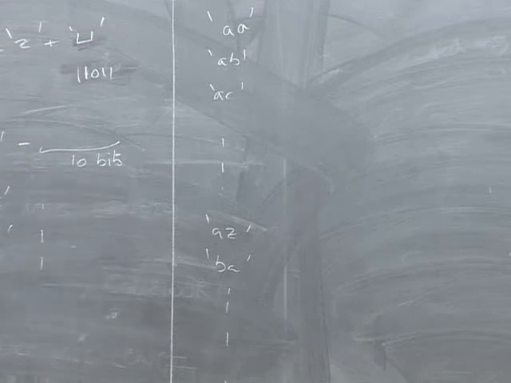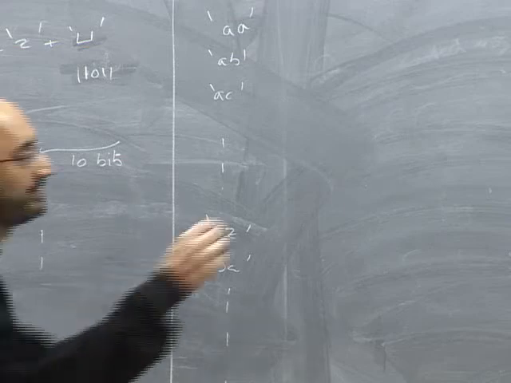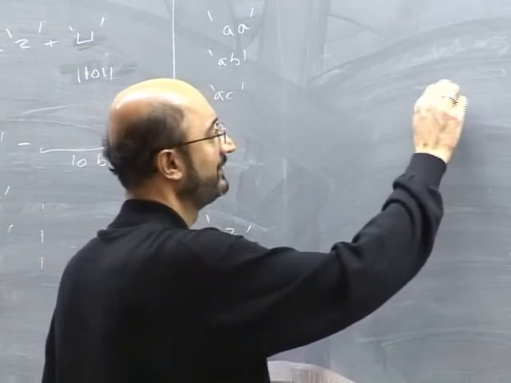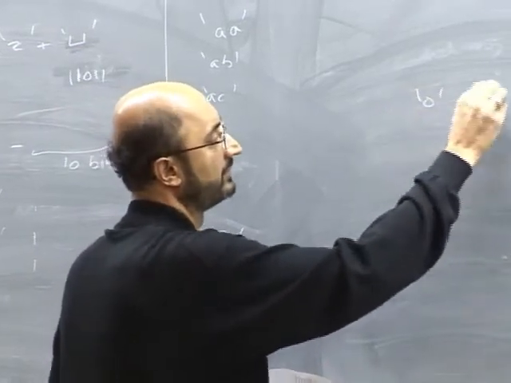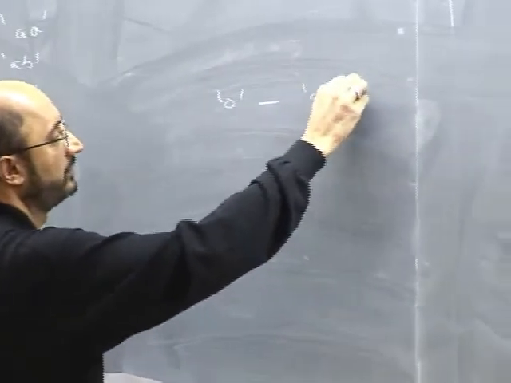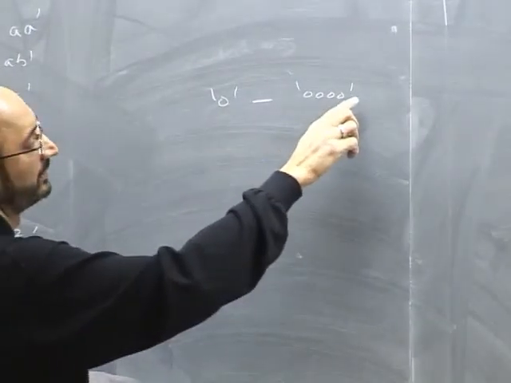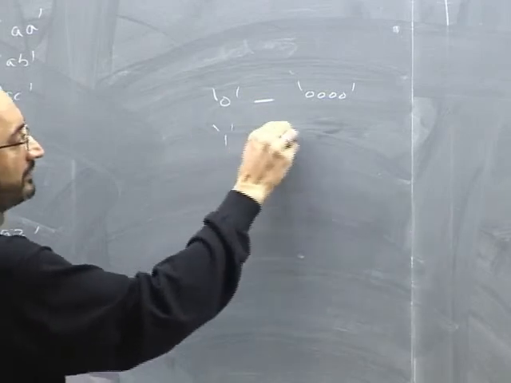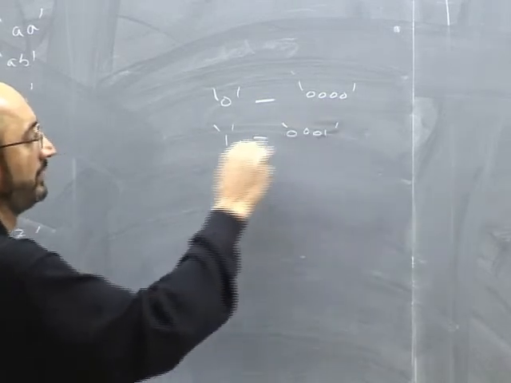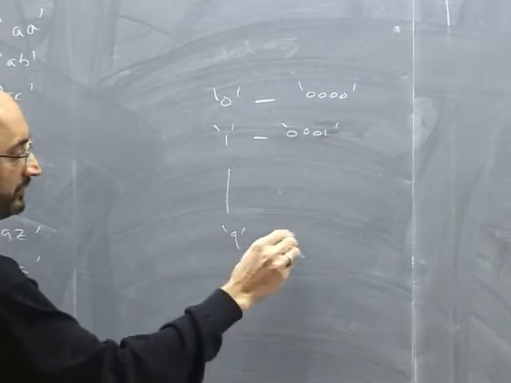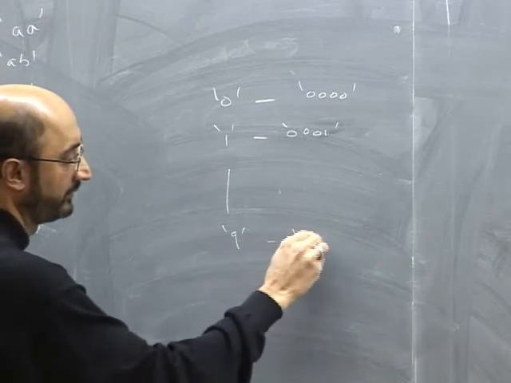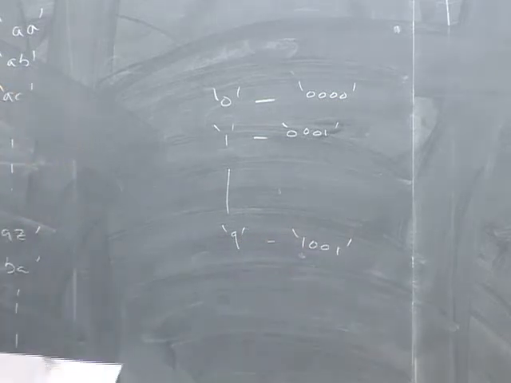The second thing is that we have integrality constraints. So let's say I want to code for the numbers between 0 and 10. So 0 is 0, 0, 0, 0, and then 1 is 0, 0, 0, 1, all the way up to 9, which is going to be 1, 0, 0, 1. Well, I use 4 bits.